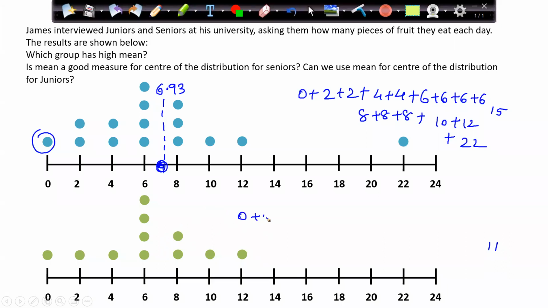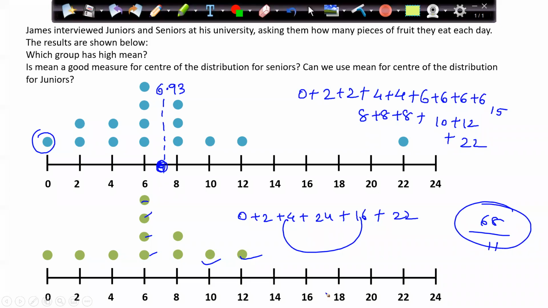If I go to the senior data set, let's calculate. 0 fruit, 2 fruit, 4 fruit, then 1, 2, 3, 4. 6 fours are 24 plus 16 plus 22, 10 plus 12. Let's sum it quickly. 16 plus 4 is 20, 20 and 24 is 44, 44 and 64, 66, 68. 68 fruits are there.